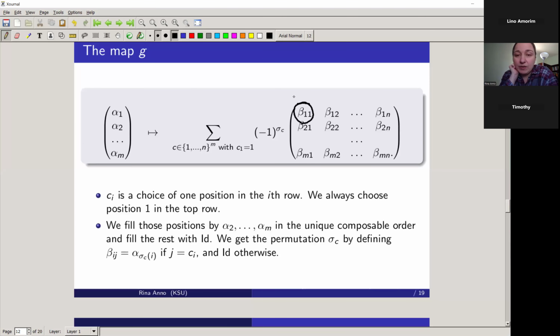Well, that makes sense because after all, we are taking coinvariants by the action of the long cycle. So we are allowed to cyclically permute the columns of this matrix and it will be the same. So just pick the representative where the entry in the first row is in the first column.